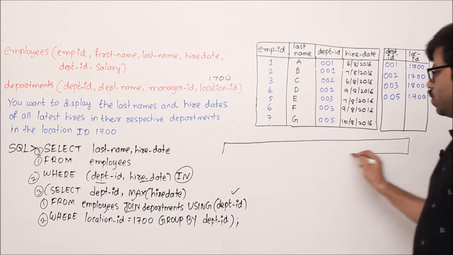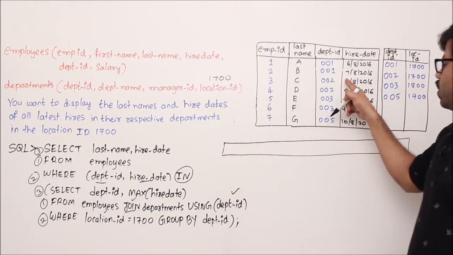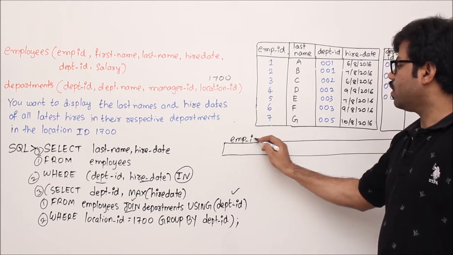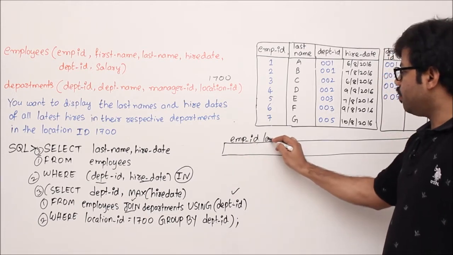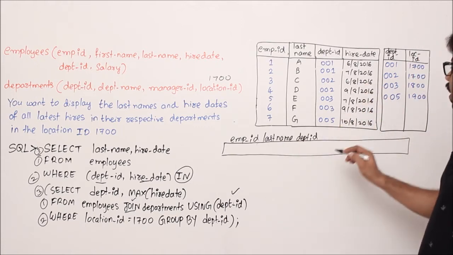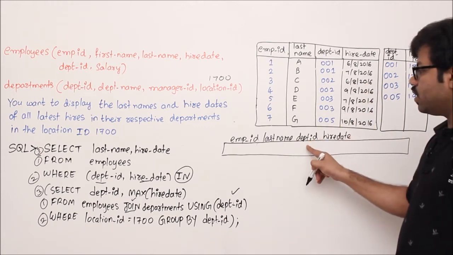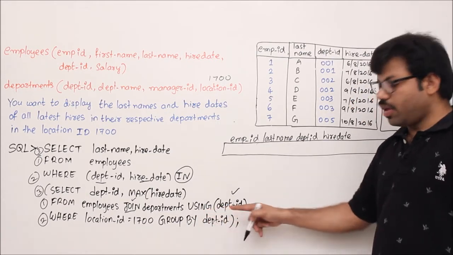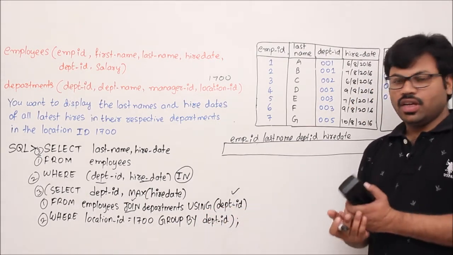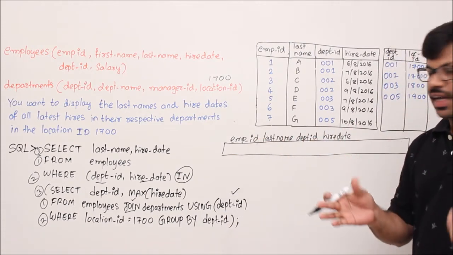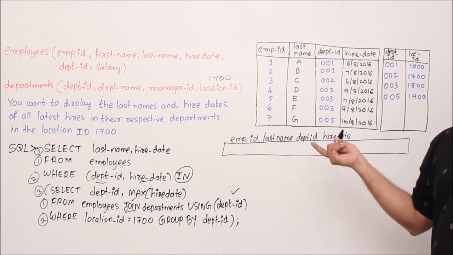A join usually gives all the columns of the first table and the second table. Let me mention that: employee ID, last name, department ID, then hire date. Since we are joining using department ID with an equality condition, department ID will be printed only once, because both department ID columns will have the same value.